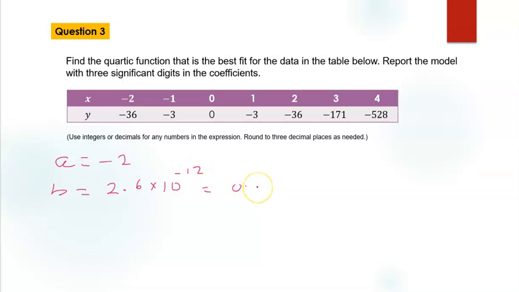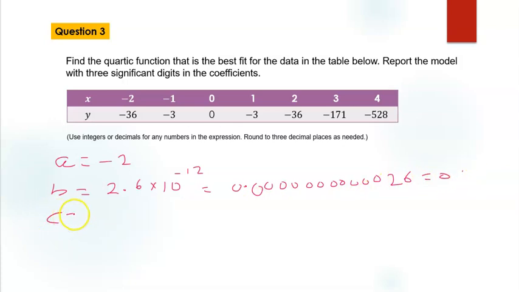We are going to have 11 zeros. 1, 2, 3, 4, 5, 6, 7, 8, 9, 10, 11, and then 2, 6. So that number is as good as 0. So that's why b will become 0.